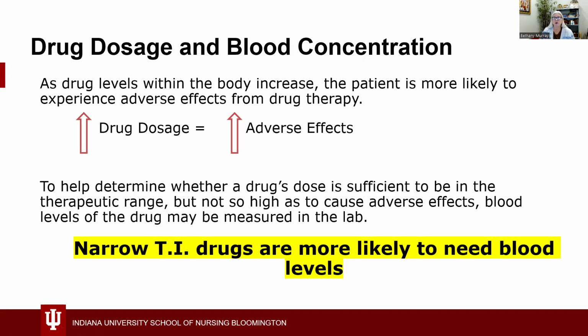And I mentioned earlier that we might draw blood levels in the lab to help keep our medication within that therapeutic range, and as low as possible within that therapeutic range. Because even though the effective dose is for 50% of the people, that means that almost half of the people can have an effective benefit, a clinical benefit, at a lower dosage of medication.